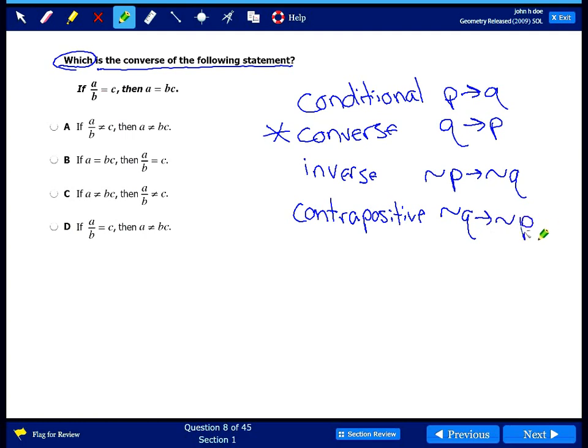So all we're doing is changing the order. So it's going to be if A equals BC, then A over B equals C.